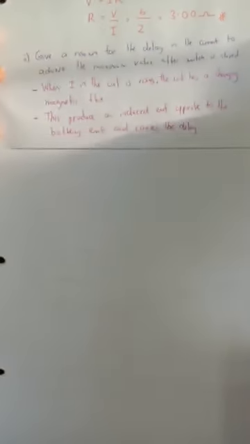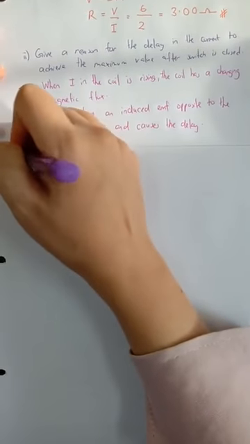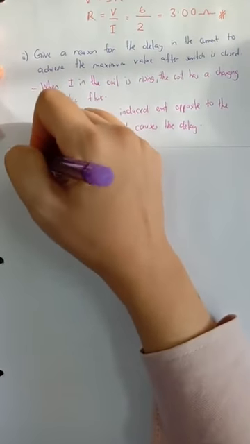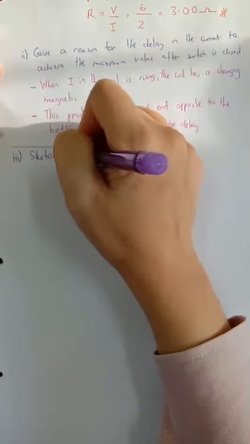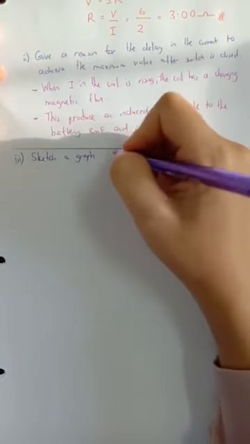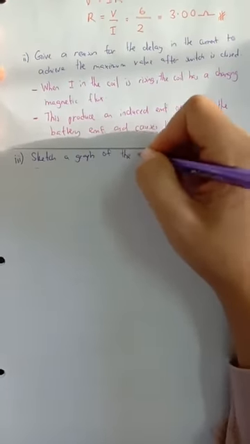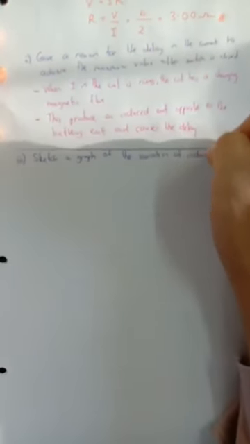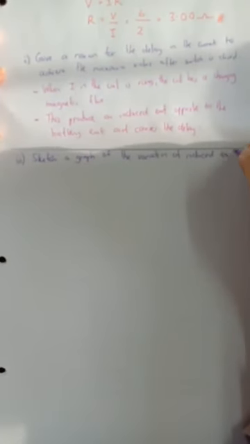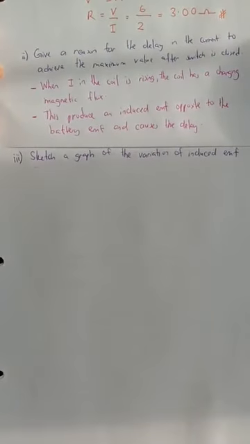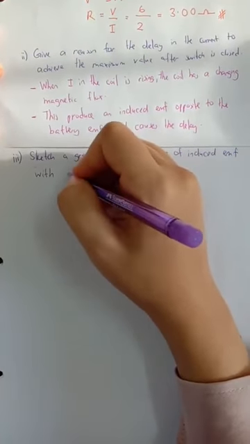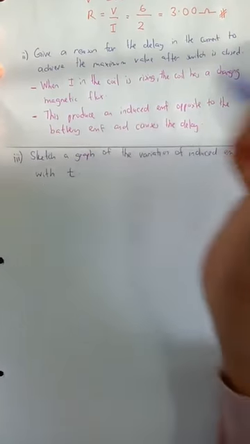Okay, done. Then we go to question number 3 Roman: sketch a graph of the variation of induced EMF with time.